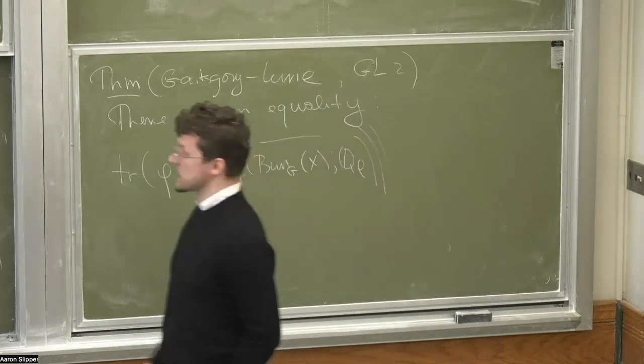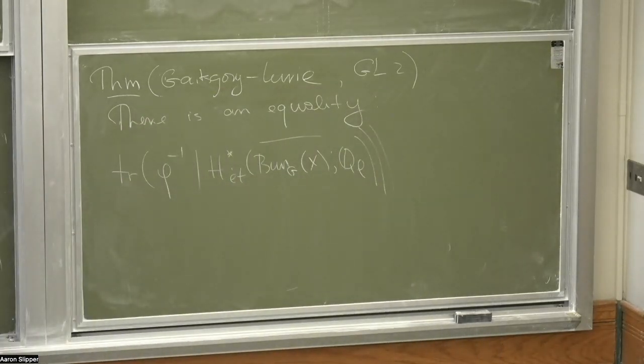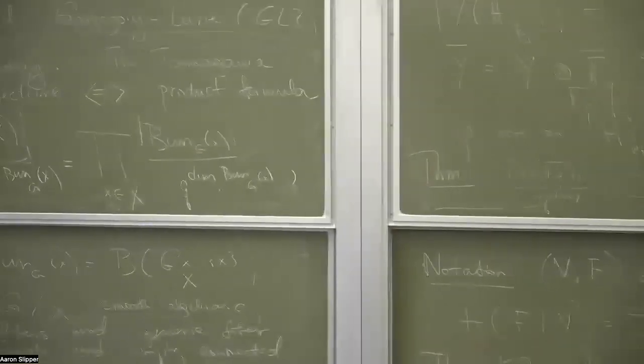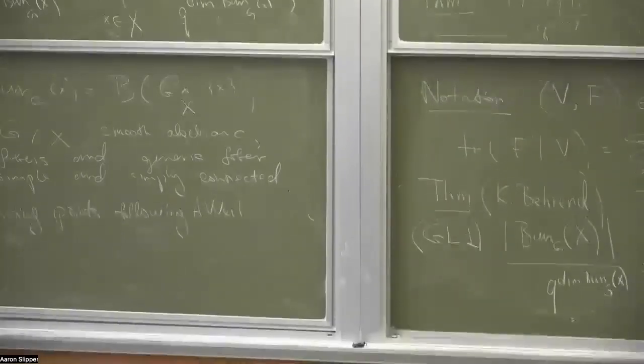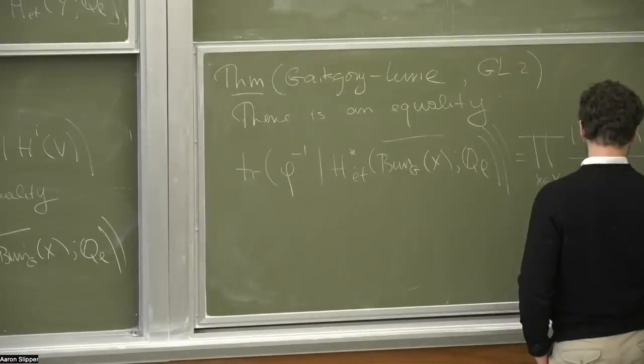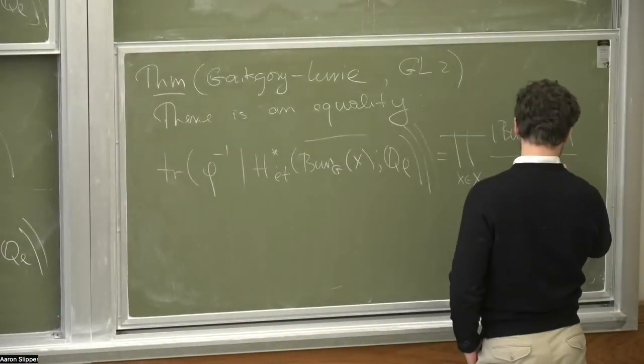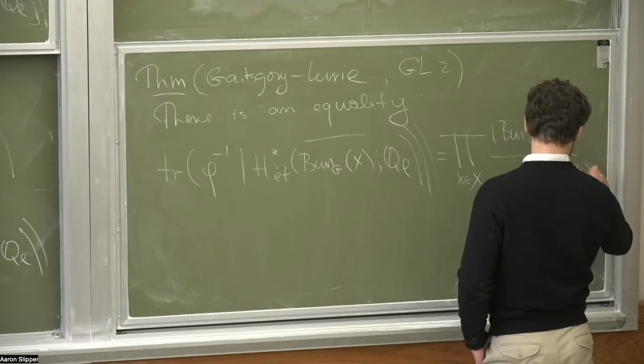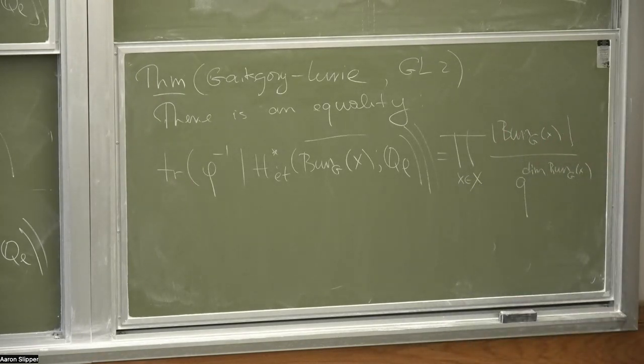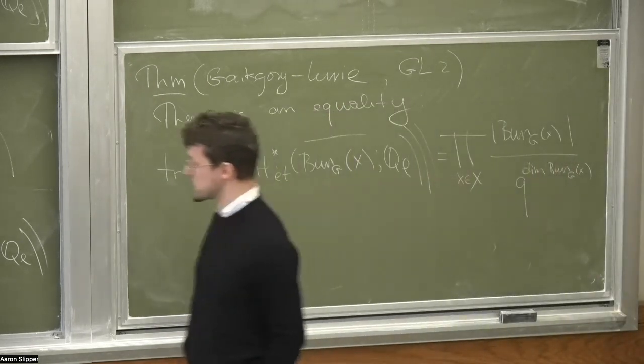And on the other hand, you have the right-hand side of the statement you want to prove: the product over all points, divided by q to the dimension of Bun_G(X). So we have two separate theorems.